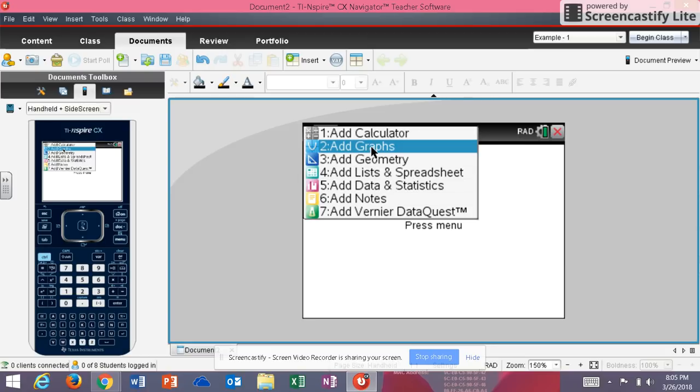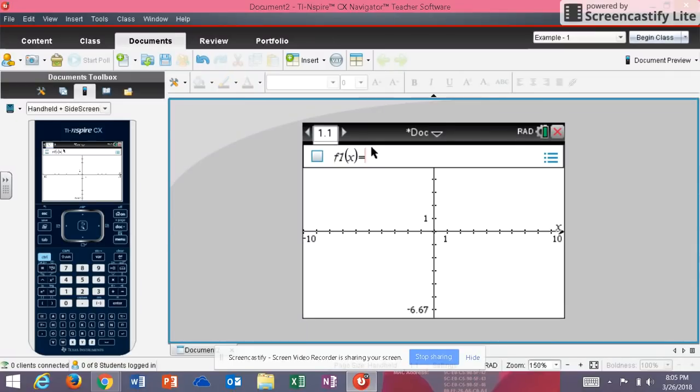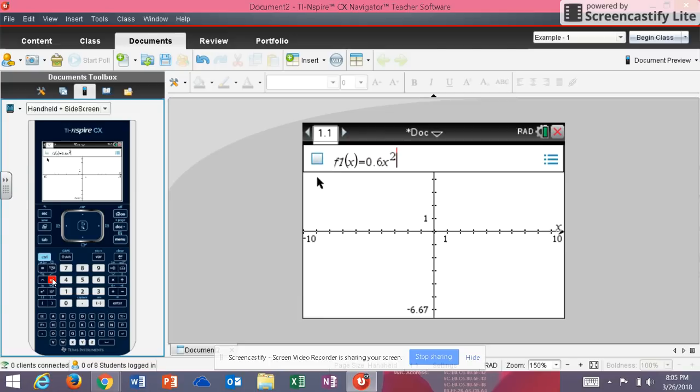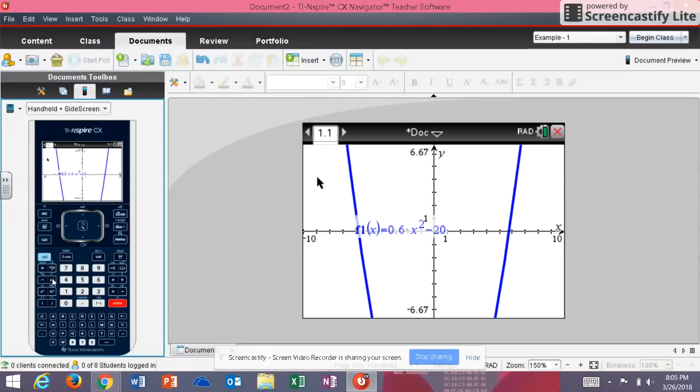We're going to add graph. And then we're going to type in that equation. So we're going to do 0.6x squared. If you try to graph it with the t, it will give you an error. You've got to make sure you do x squared. And then that minus 20. Press enter.